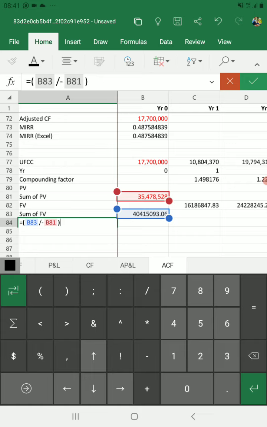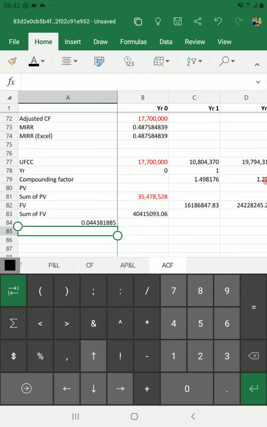Put the root sign, open the bracket, put 1 divided by n, in this case n is 3, close the bracket, and then the whole of this product you need to minus 1 to establish the compounded growth rate for the figures.